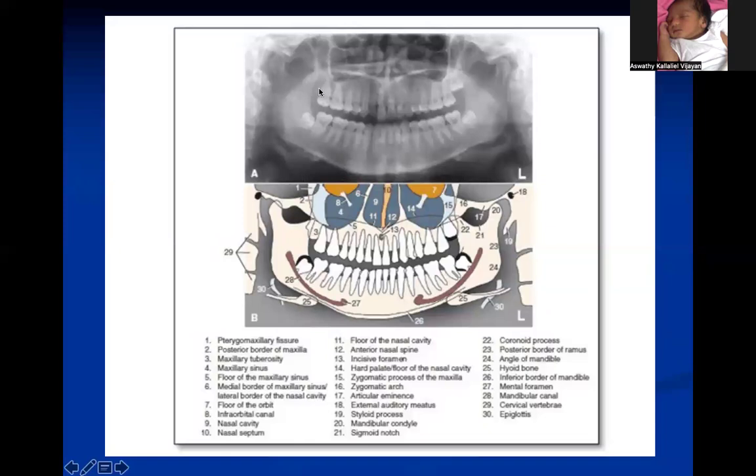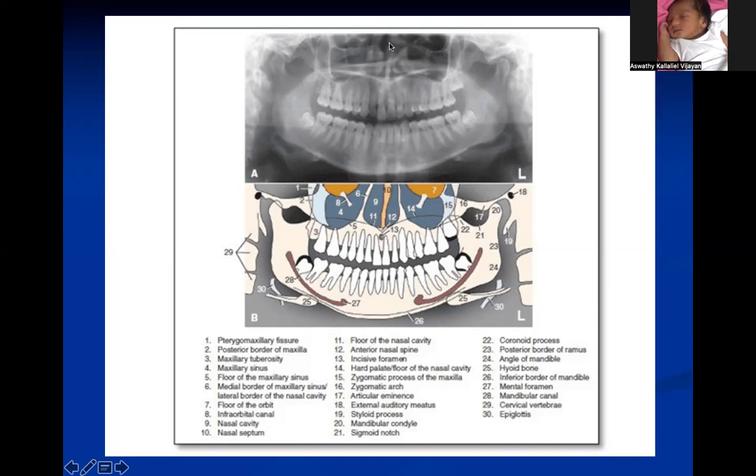Then we have the maxillary tuberosity, the maxillary sinus, then floor of the maxillary sinus. Then medial border of the maxillary sinus or the lateral border of the nasal cavity. Then we have the floor of the orbit here. Then the infraorbital canal, which is seen in the floor of the orbit.